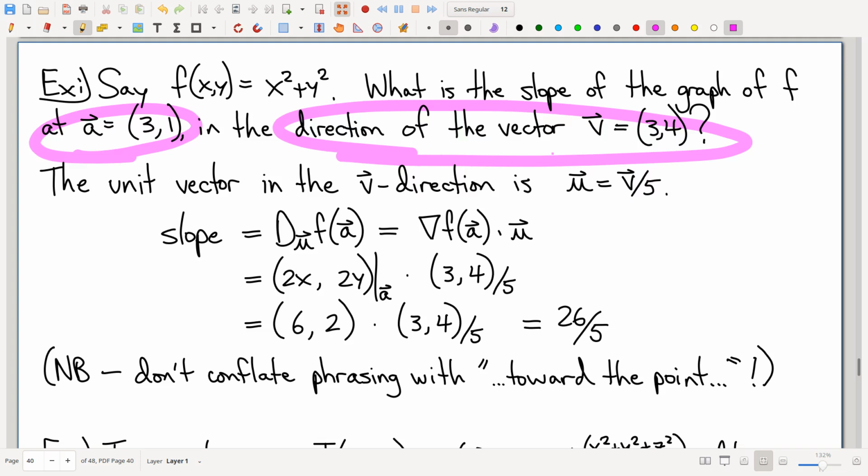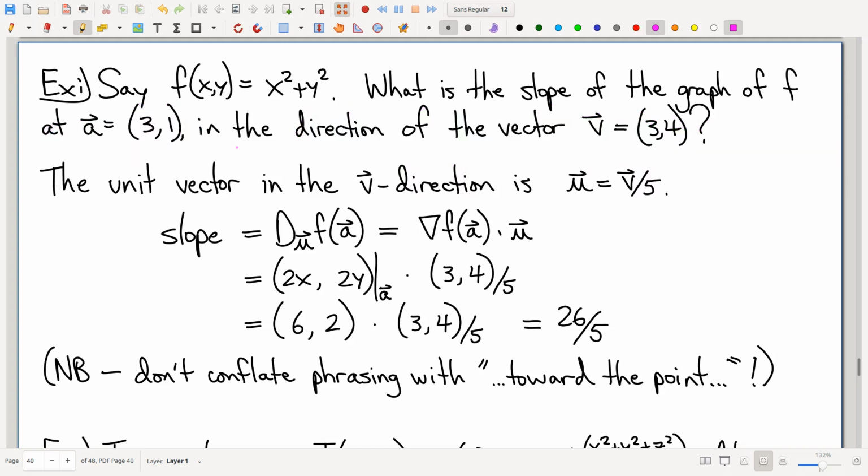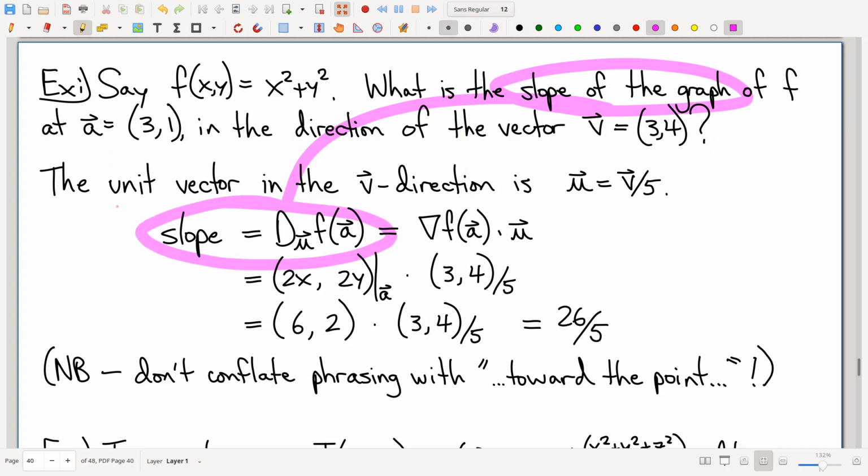Well, it's not a coordinate direction, but it remains that slope of a graph is a directional derivative. After all, directional derivatives basically are partial derivatives just with respect to a different coordinate system. Slope of the graph, directional derivative. Compute, plug and chug, not that much to it.